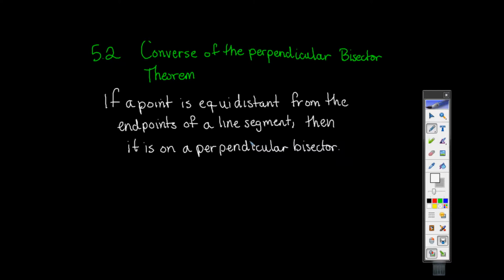Equidistant means the same distance to both. So we have some line segment, and that line segment has endpoints.